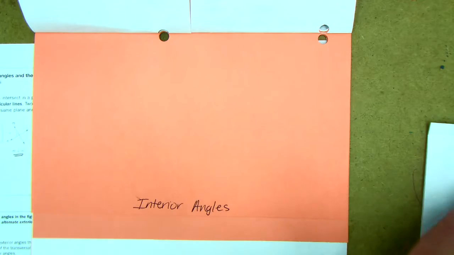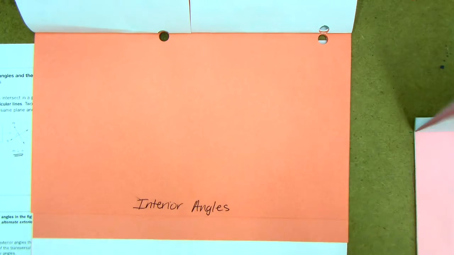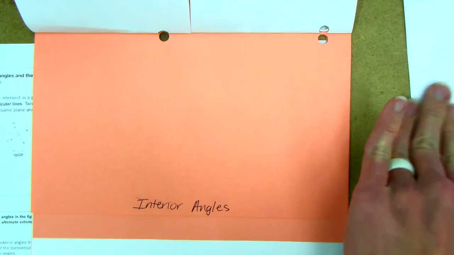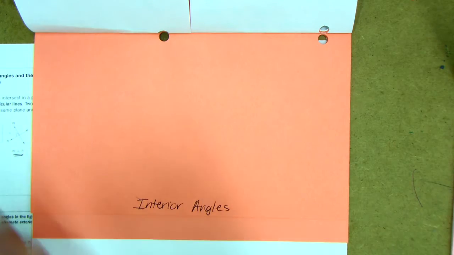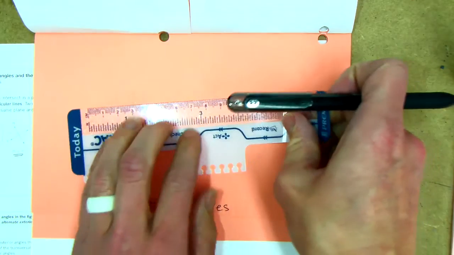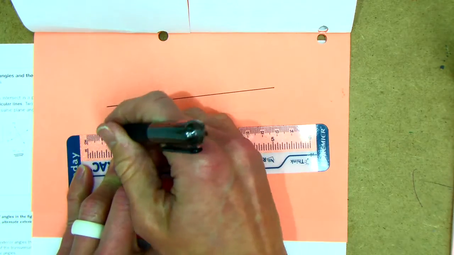Interior angles. When you have 2 lines cut by a transversal, I'm just going to draw 2 lines. Now notice the 2 lines I'm drawing aren't necessarily going to be parallel.